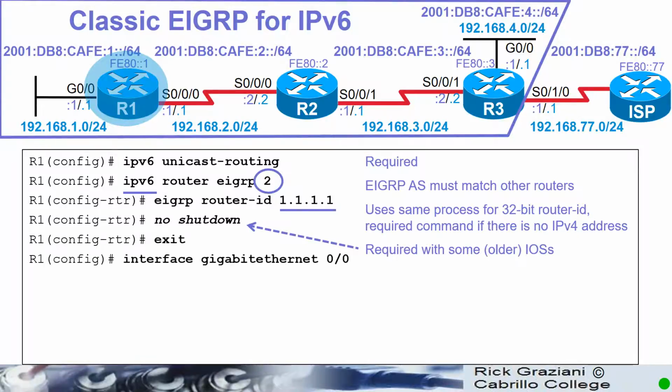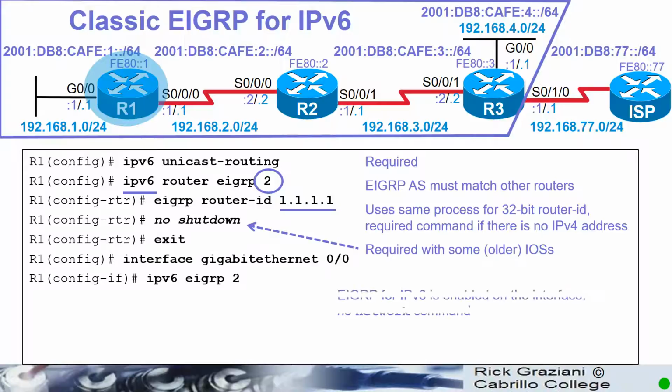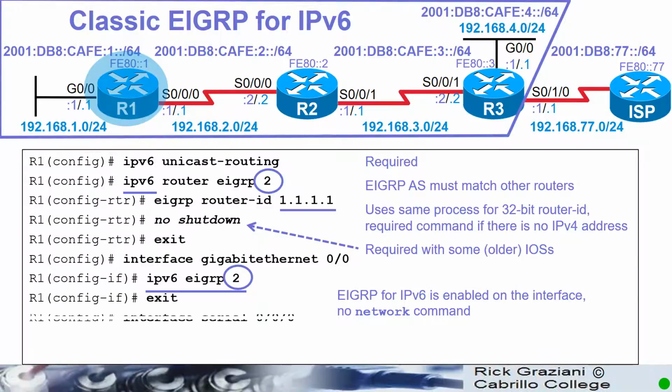That's it. You're going to have to configure EIGRP on a per interface instance. So basically you do IPv6 EIGRP with the appropriate AS number for all interfaces.